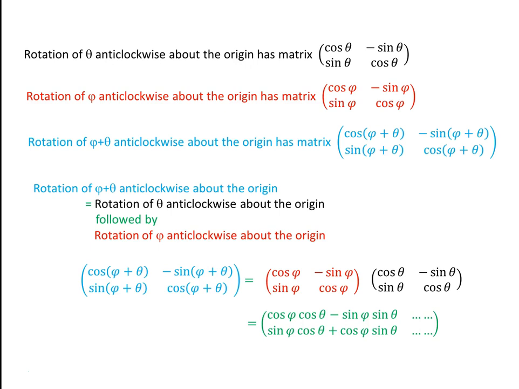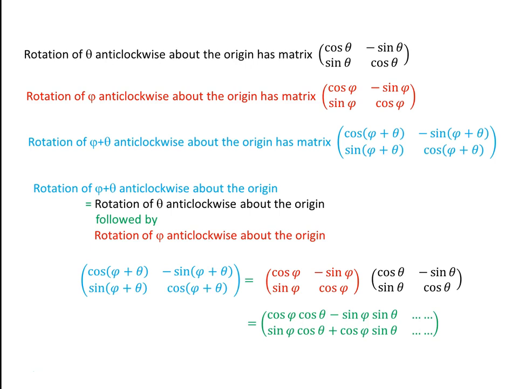Looking at the top left hand entries, on the left hand side we've got cos phi plus theta, and on the right hand side we've got cos phi cos theta minus sine phi sine theta. So we've got cos phi plus theta must be the same thing as cos phi cos theta minus sine phi sine theta.